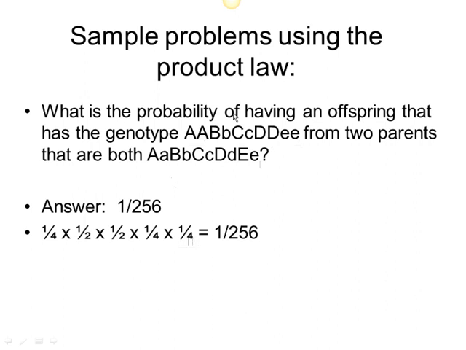So the probability of having this offspring from 2 pentahybrid parents is 1 out of 256. And we solve it without drawing some ginormous Punnett square. The only Punnett squares you might draw would be the small monohybrid type Punnett squares.